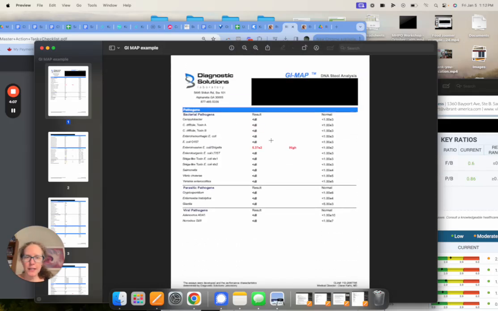So we're looking here for parasites, viruses, bacterias, that can cause a lot of toxic stress in the body, those endotoxins I was talking about. Parasites are notoriously hard to pick up on a stool test. They hide in the mucosa. They sometimes will go up into the gallbladder, settle in the liver.